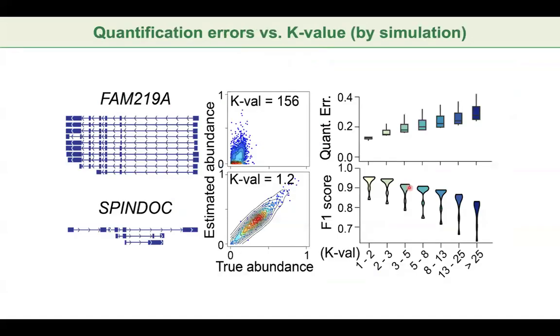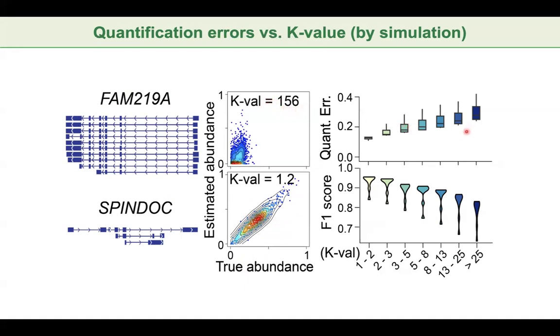We also verify these results using simulated data. Back to the two example genes we started with, we can find that the estimated isoform abundance and the true abundance are more likely to be located near the diagonal of this plot for the gene with smaller k-value, meaning that estimated abundance better represents the true abundance when the k-value is small, compared to this complex gene with large k-value.